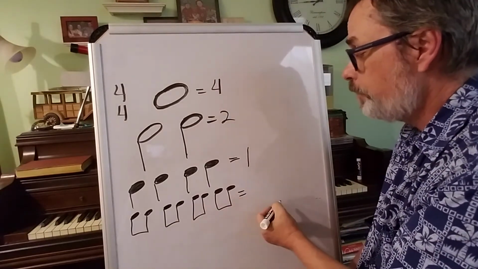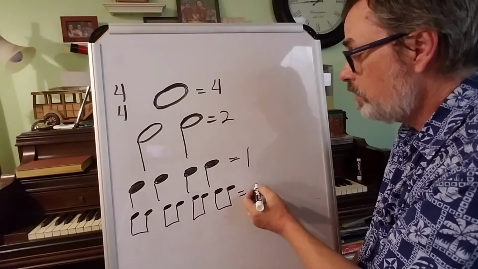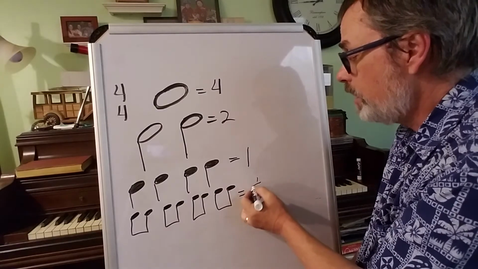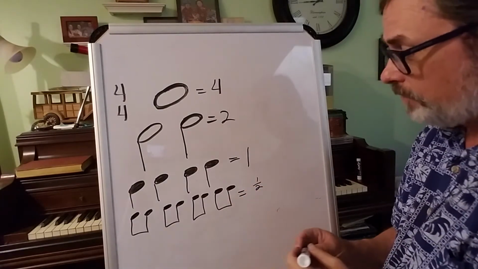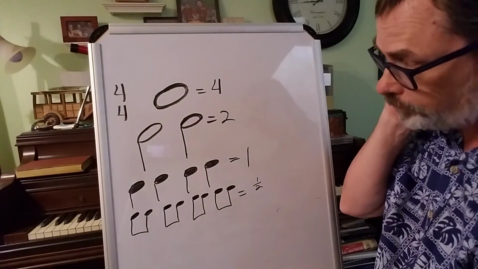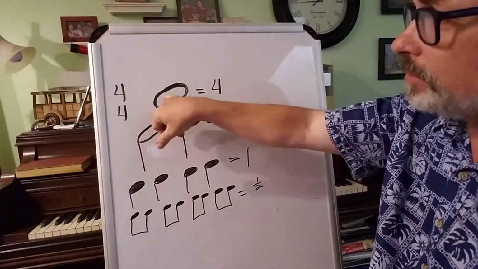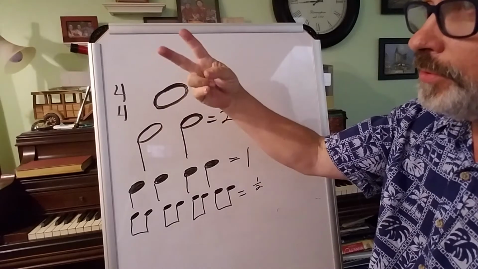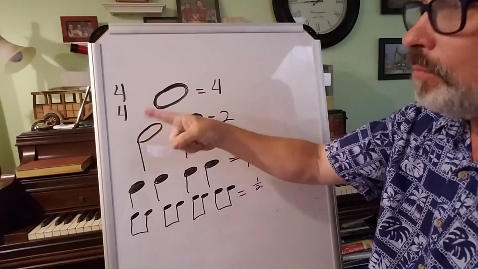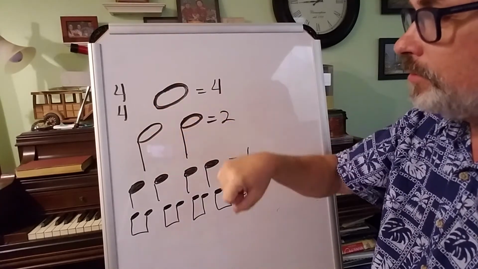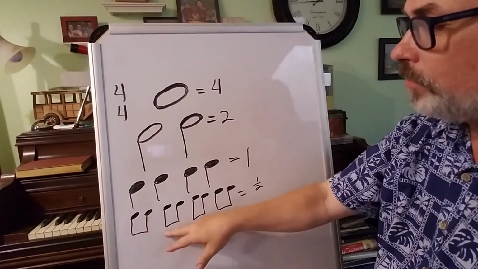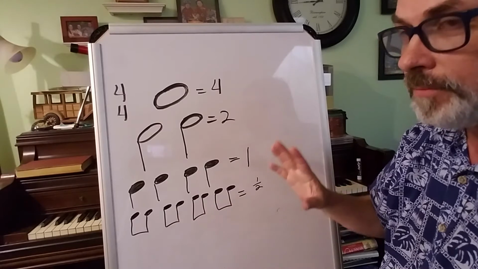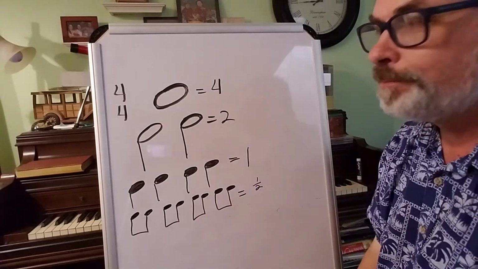And each one of those gets 1/2 of a count. And so if we're counting them, we start, 1, 2, 3, 4, 1, 2, 1, 2, 1, 1, 1, 1, 1 and 1 and 1 and 1 and. Okay, simple way to count it.